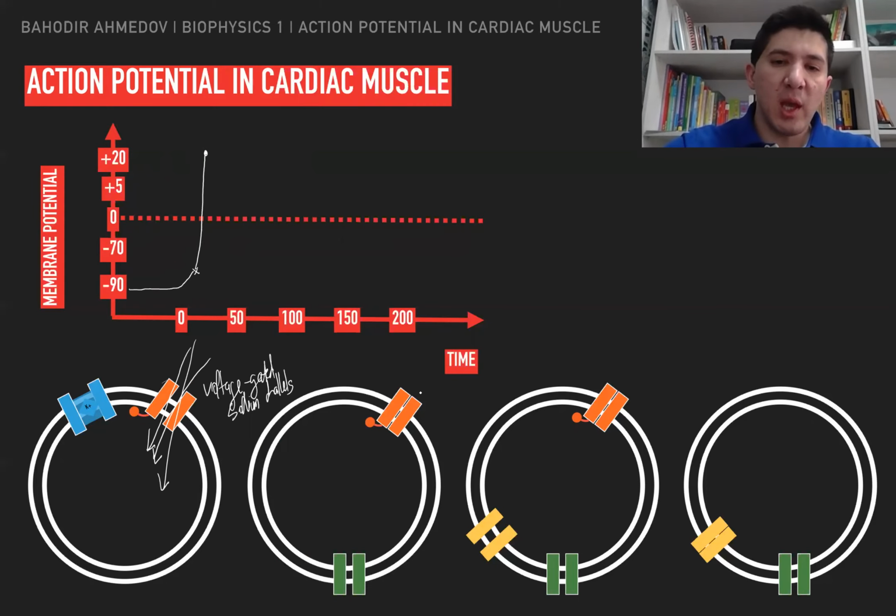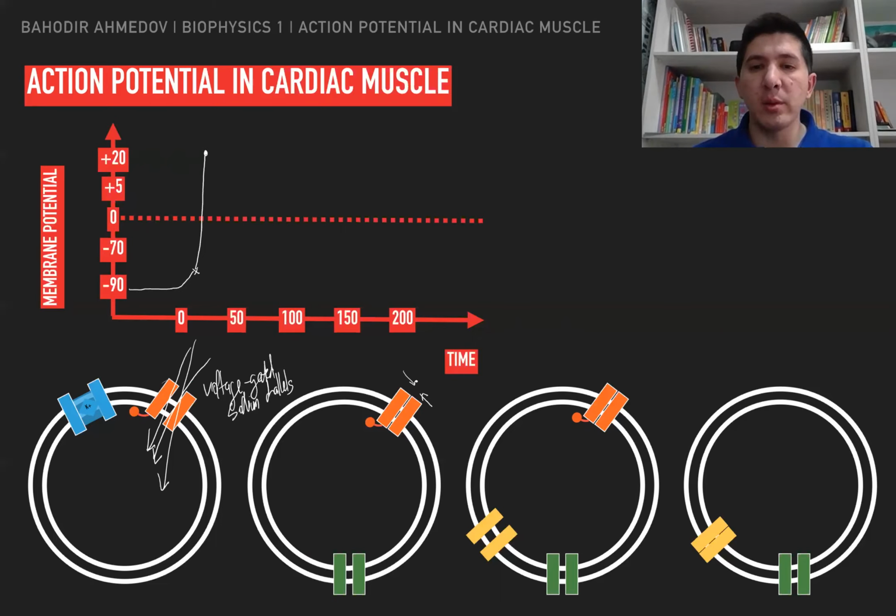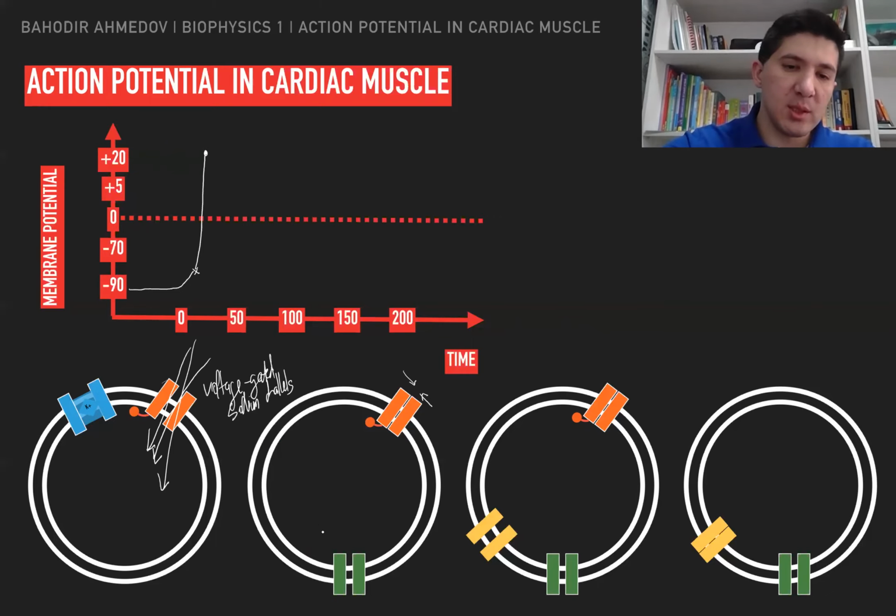Then this voltage-gated sodium channel is going to be closed, and this will trigger the opening of the voltage-gated potassium channels. This green one, if you remember, was the voltage-gated potassium channel.